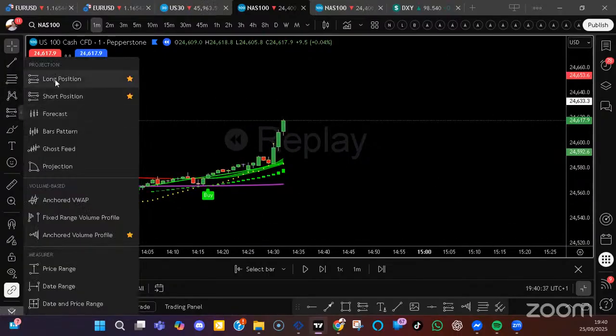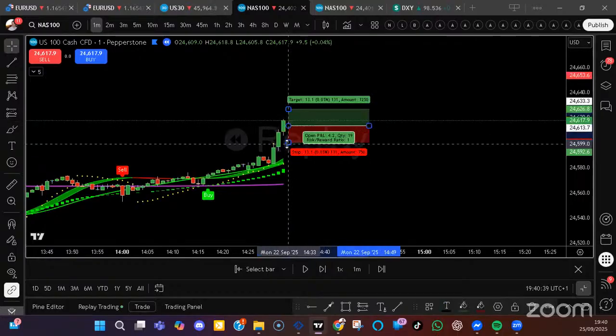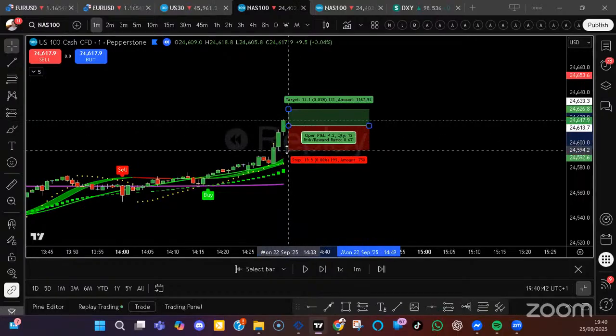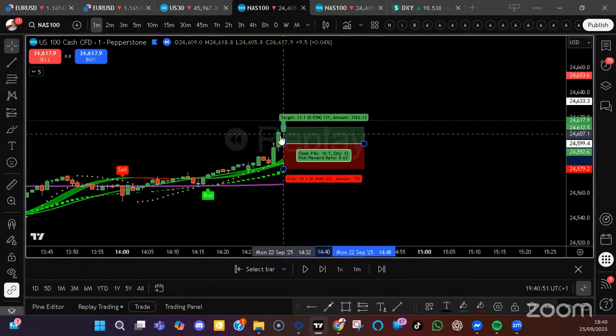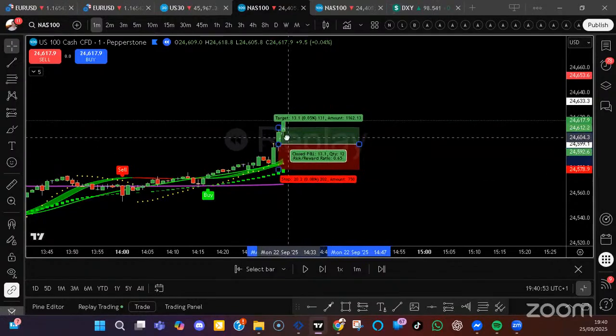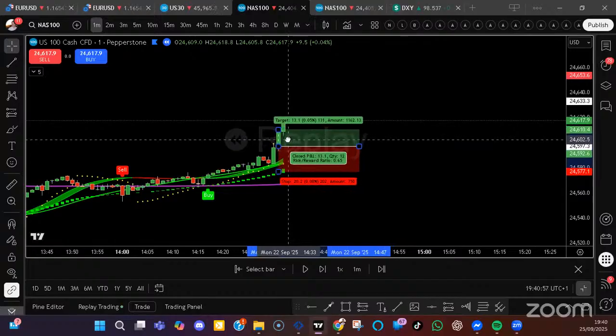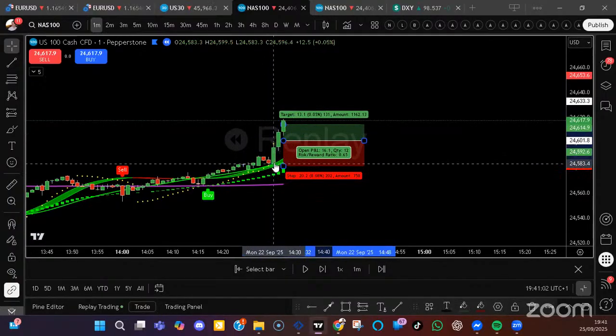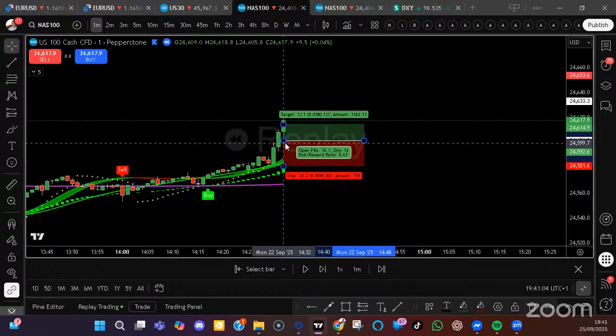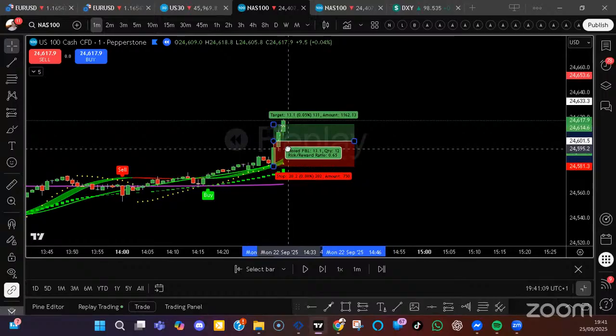So we put our long position tool on, again keeping 2,000 units, which is there. That's 1432. So I would have been in actually on the trend line there, because the trend line is closer to the stop loss.